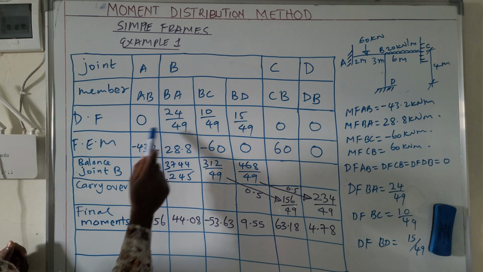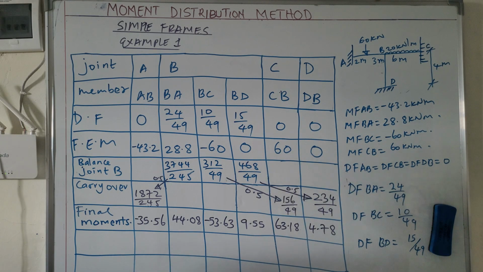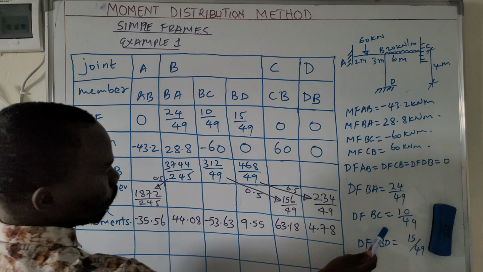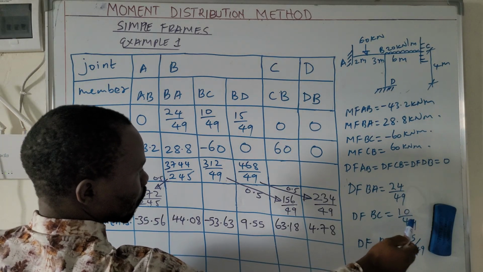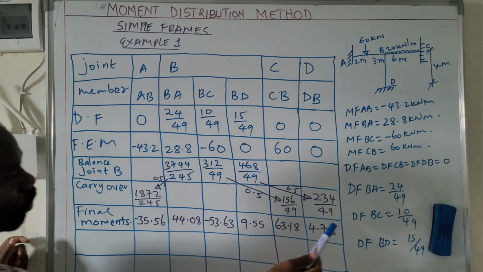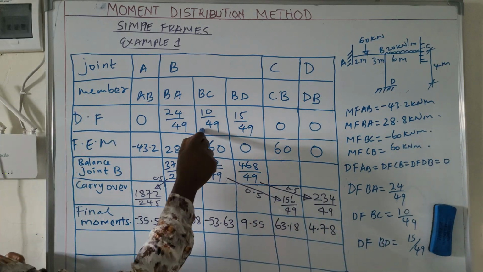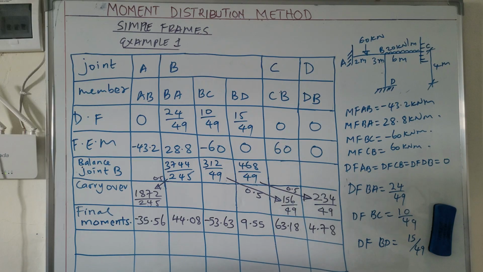So it is 24/49. Then you go to member BC. As you can see, our distribution factor is 10/49. You pick it here and bring it here. And then you go to member BD.